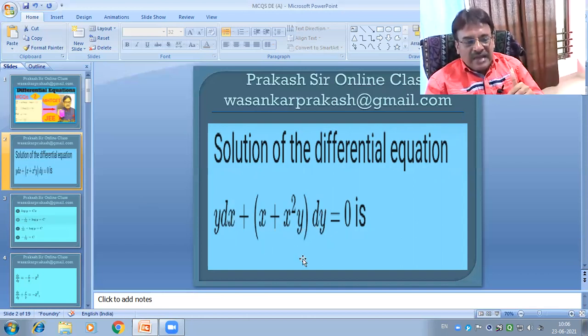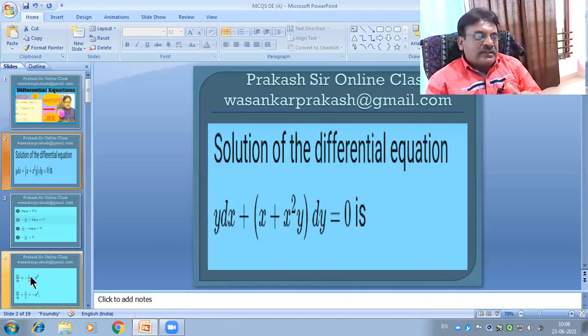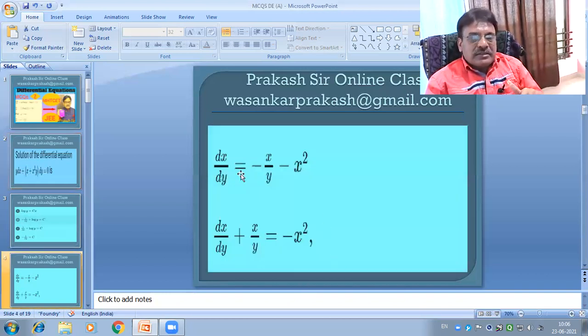So we get dx upon dy equals minus x plus x square y upon y. Then after multiplication of the minus sign, minus x by y minus x square by y, y gets cancelled, so minus x square. So we get this step, that is dx by dy equals minus x by y minus x square. Up to this step we solved it orally.